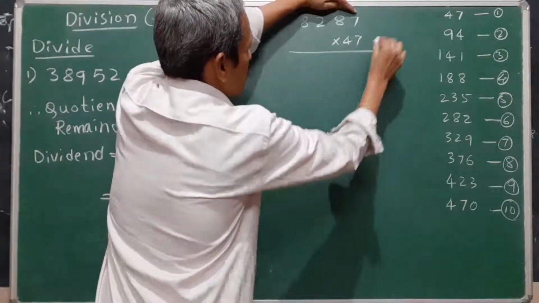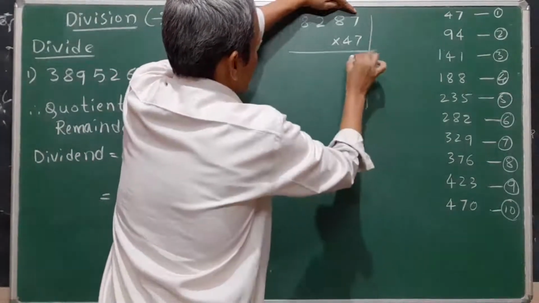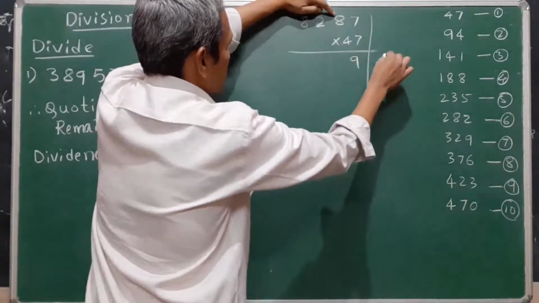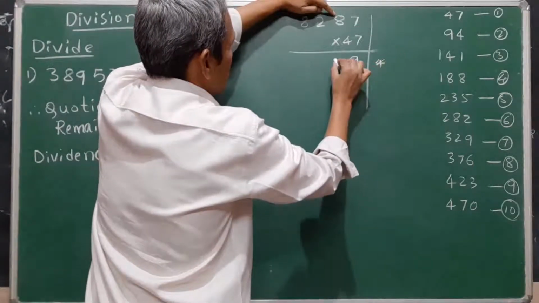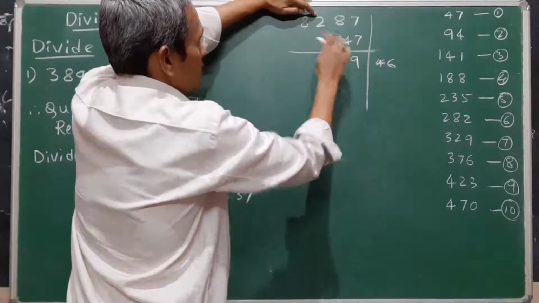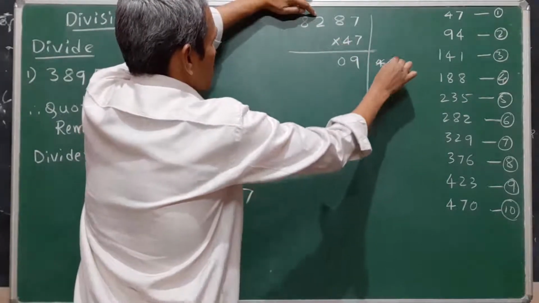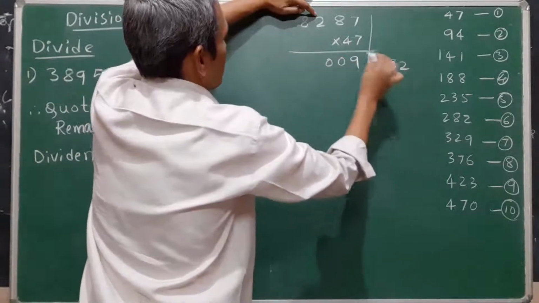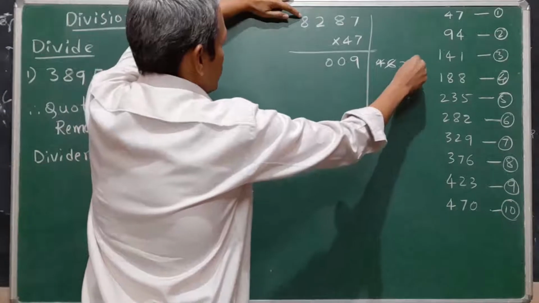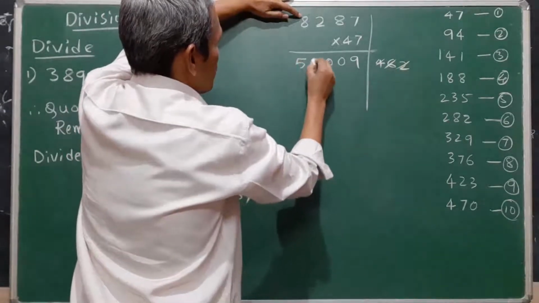7 7s are 49. 7 8s are 56 plus 4 is 60. 6 carry. 7 2s are 14 plus 6 is 20. 7 8s are 56 plus 2 is 58.